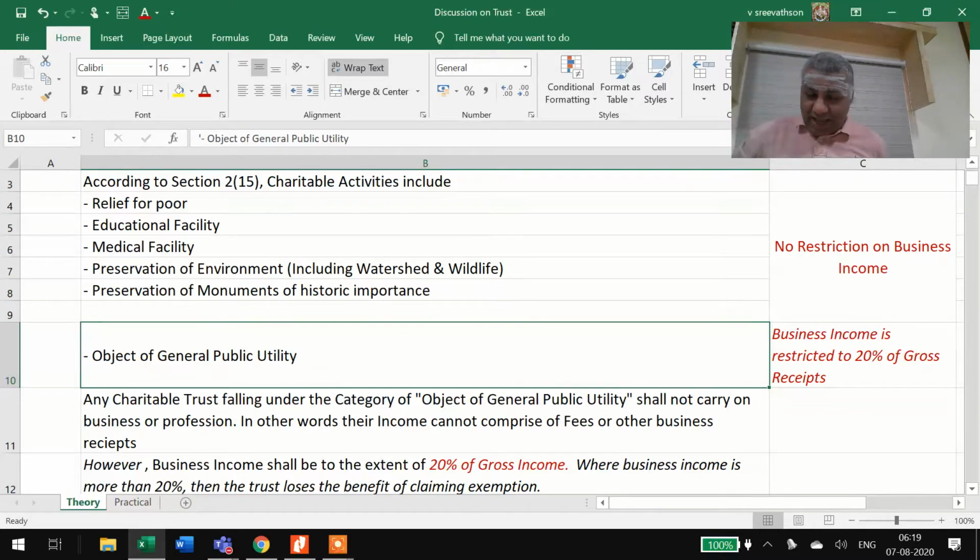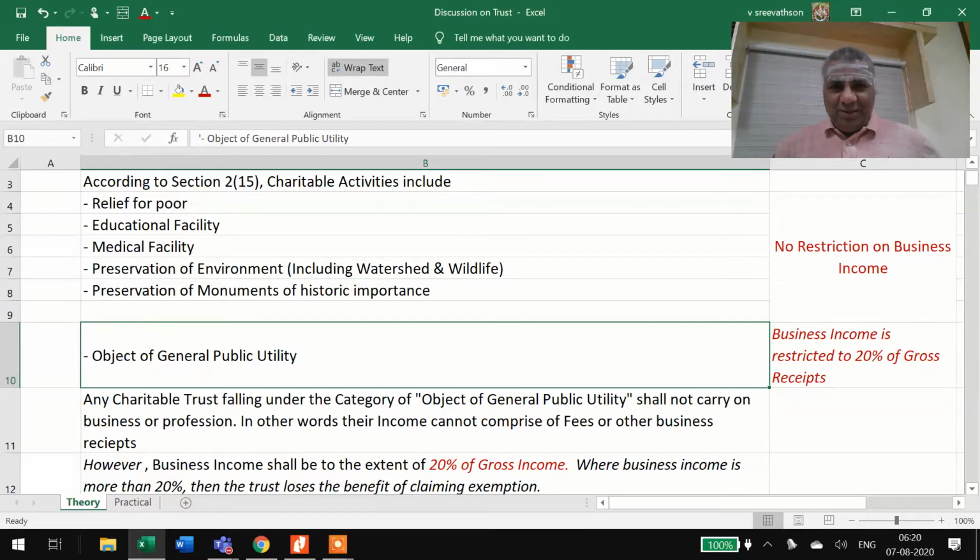Otherwise, you will lose the exemption. If it is just yoga, no problem, the exemption keeps going. But if it is sale of products, which became very popular at that time, the exemption was getting lost.